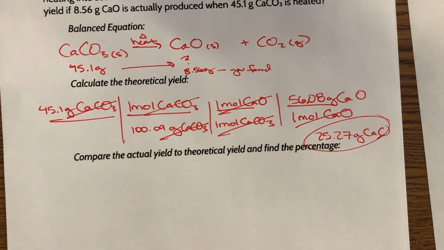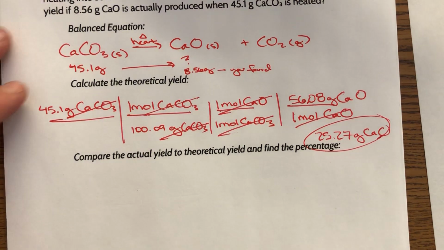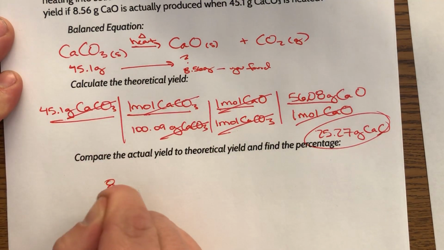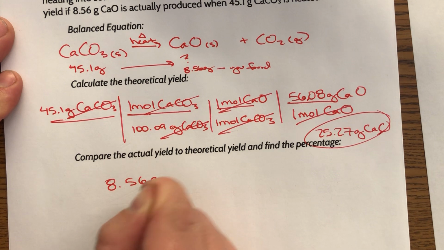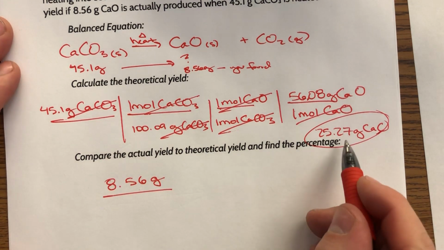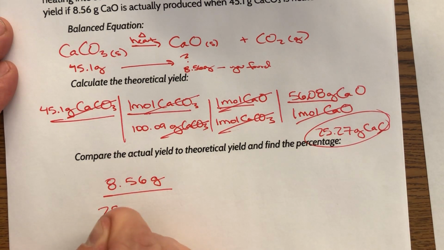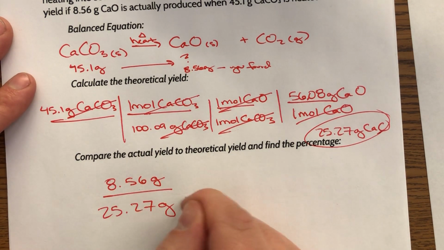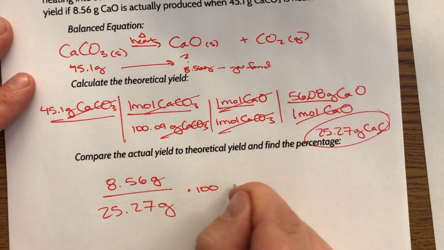To calculate our percent yield, let's write out what we have. Our actual yield was 8.56 grams, and in a perfect system, we would have made 25.27 grams. Then we have to multiply by 100 so we can make it a percent.